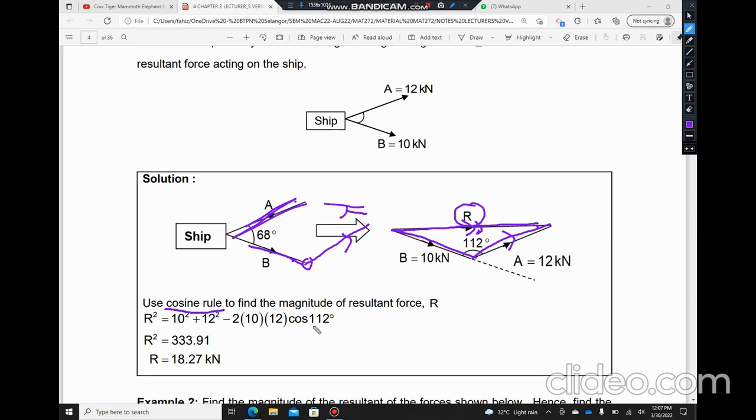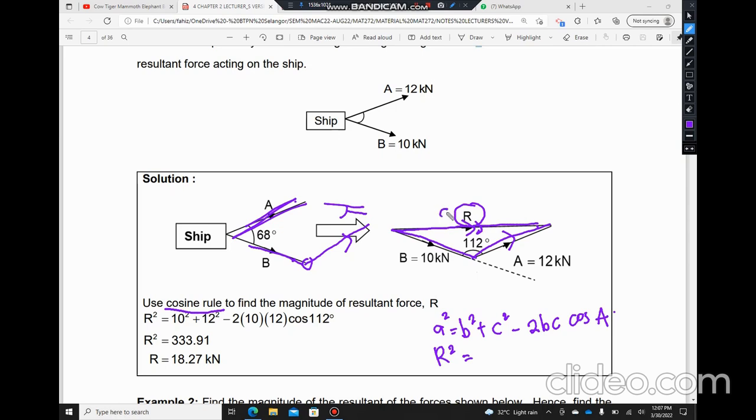Okay, so awak tengok balik formula untuk cosine rule kan. Okay, sebelum ni kan kita ada A square equals to B square plus C square minus 2BC cos A kan. So sama jugalah yang ni, maksudnya kita nak cari A square ni maknanya R square. So kat sini kita gantikan R square.